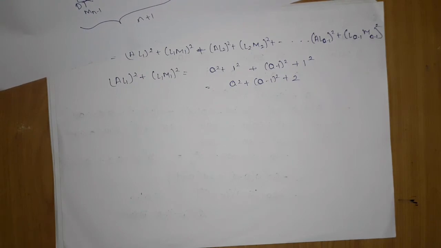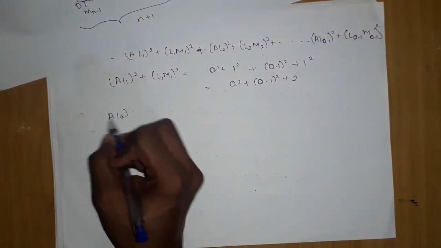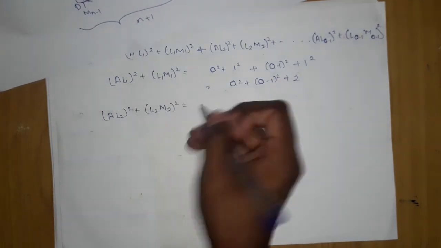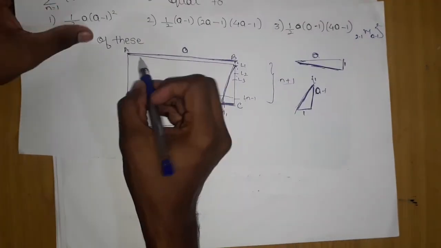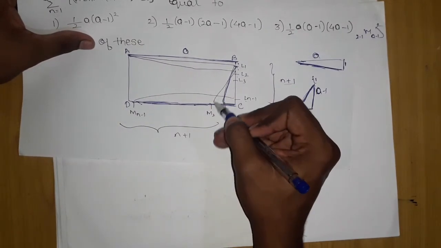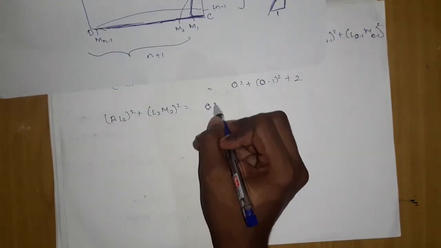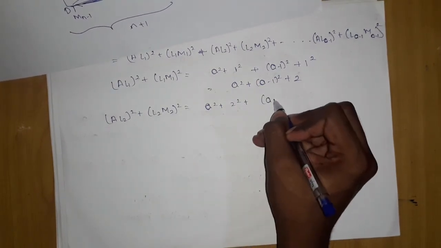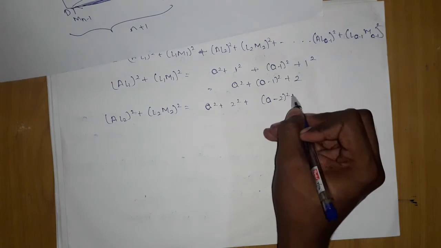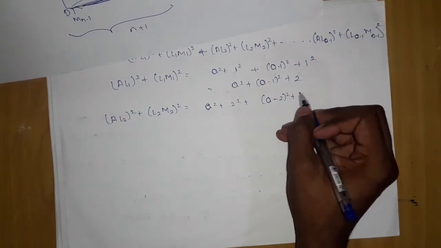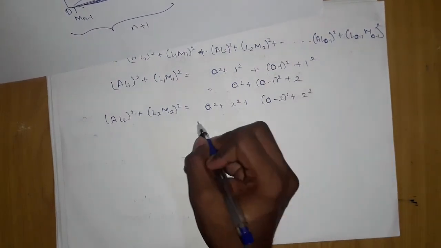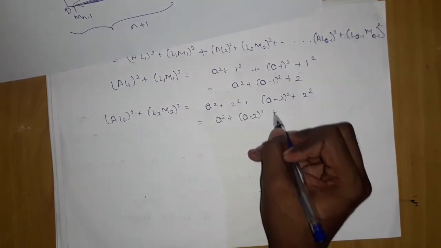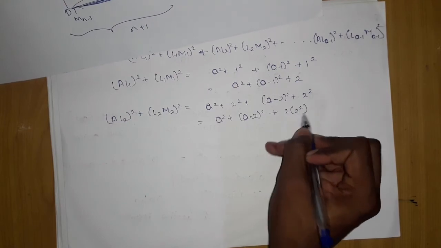Now let's take the second one, AL2 the whole square plus L2M2 the whole square. AL2 will be a square plus 2 square, plus a minus 2 the whole square plus 2 square, which gives a square plus a minus 2 the whole square plus 2 times 2 square.